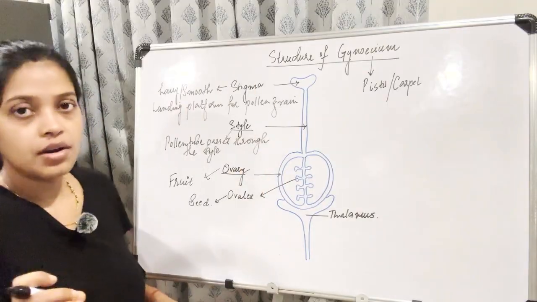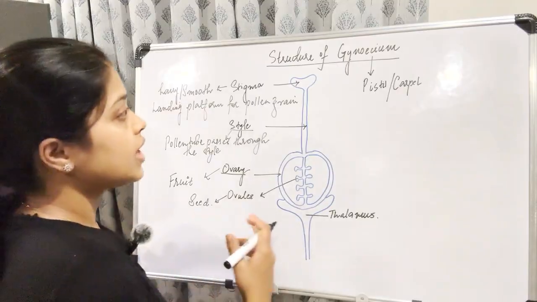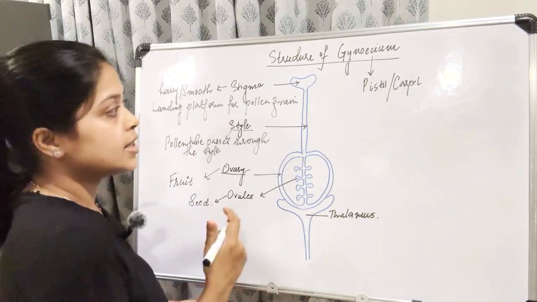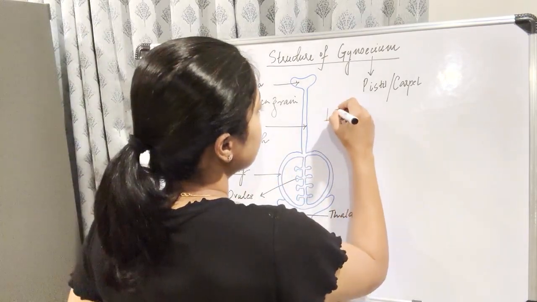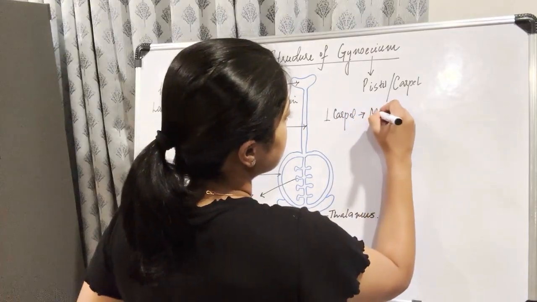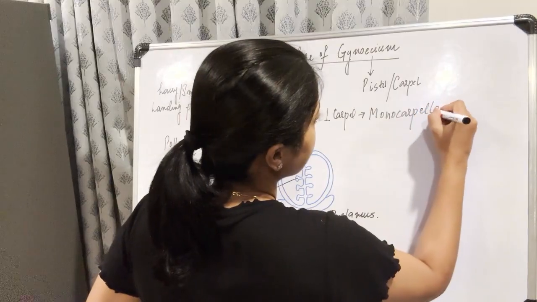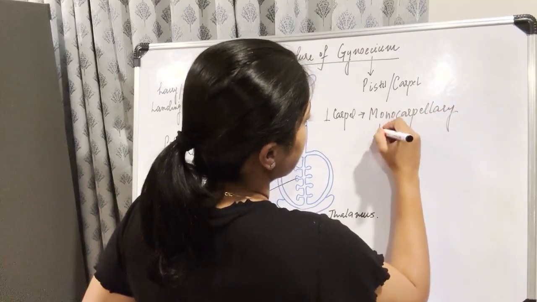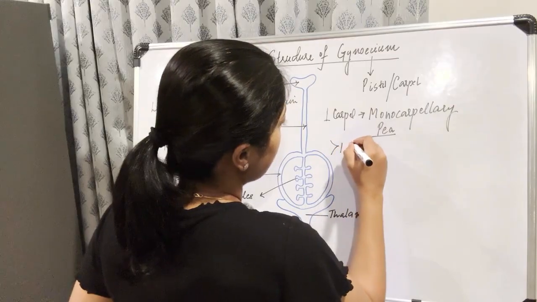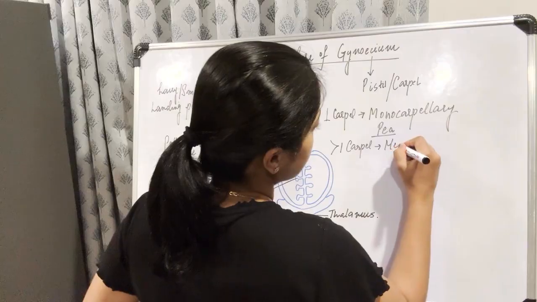So in a flower, there can be one carpel or more than one. So with every plant species, the number of carpel varies. If there is only one carpel, it is called as monocarpellary. For example, pea. If there are more than one carpel, we call it as multicarpellary.